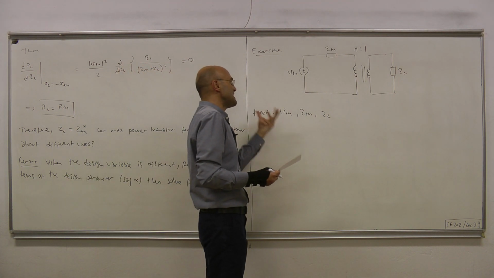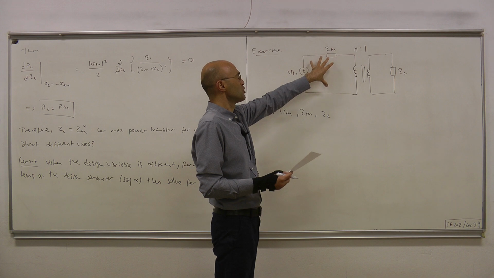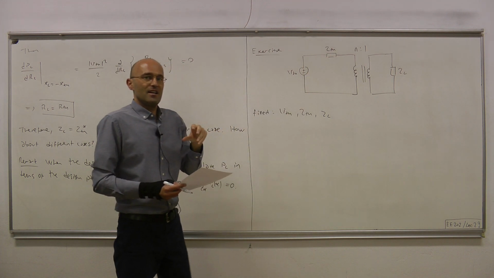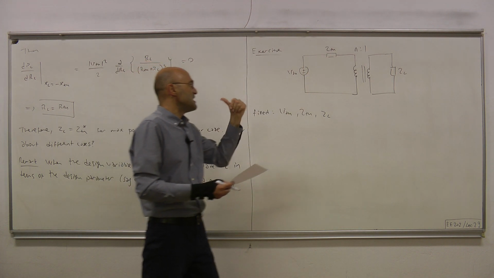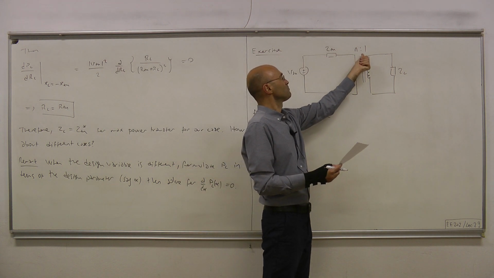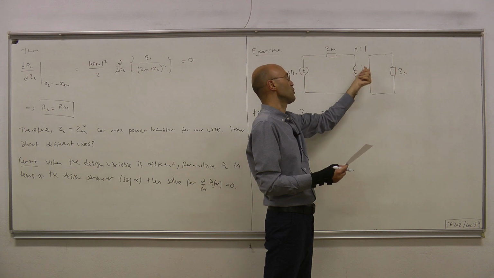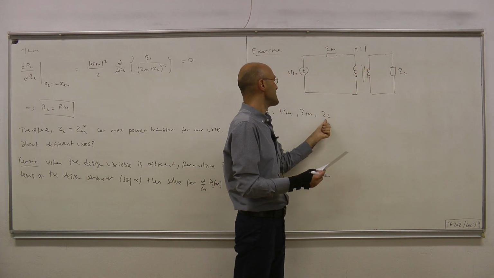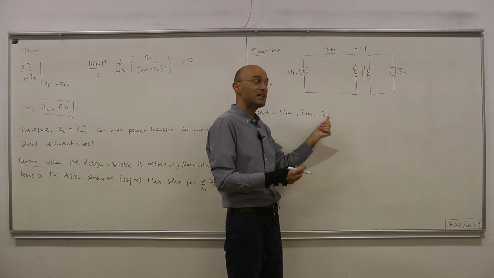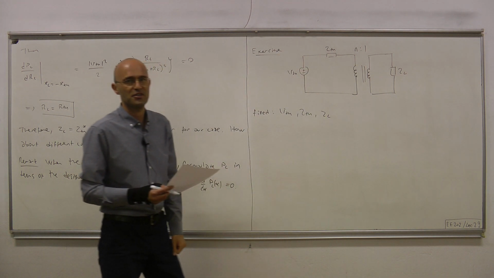But the ZL, the load as seen from the circuit, we can play with in the sense that by choosing the turns ratio, or by playing with the turns ratio, we can play with the magnitude of the load impedance seen from the circuit side.